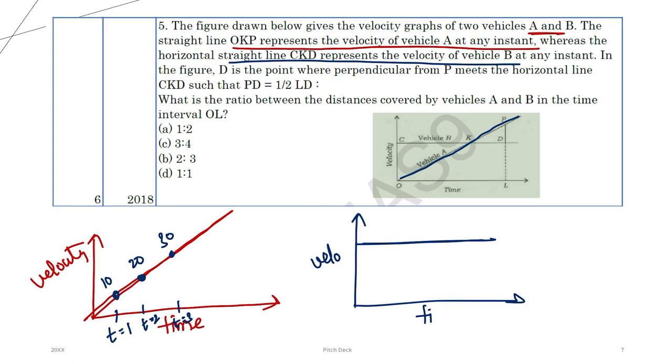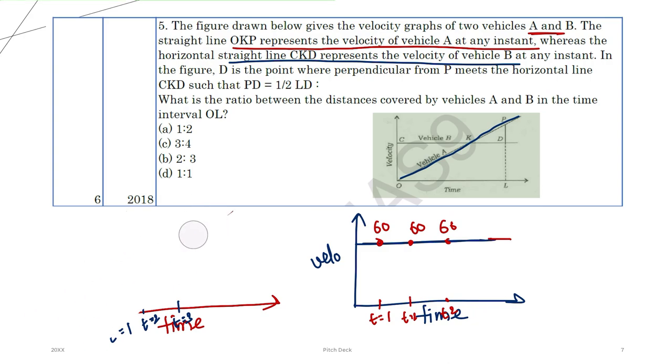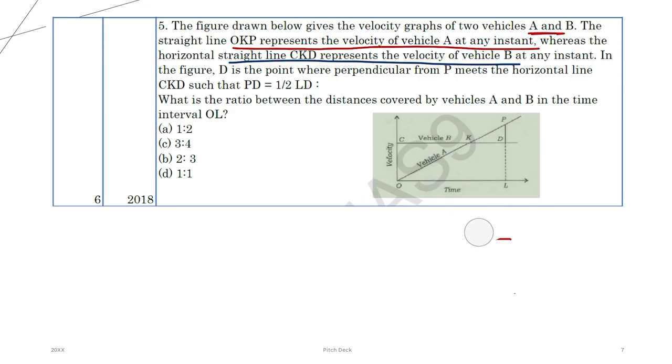Velocity means speed. So this means his speed was 60 kilometers at time equal to 1 hour, 60 kilometers the same at 2 hours, 60 kilometers at 3 hours, and so on. I hope this is clear. Now you have understood how to read the graph.